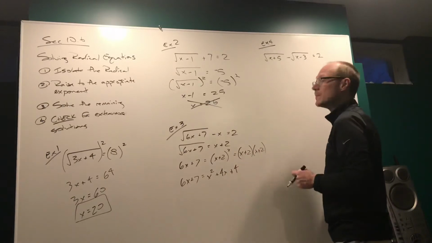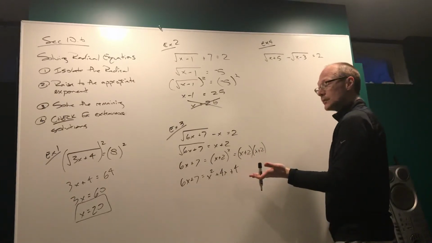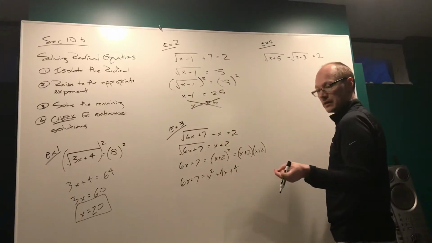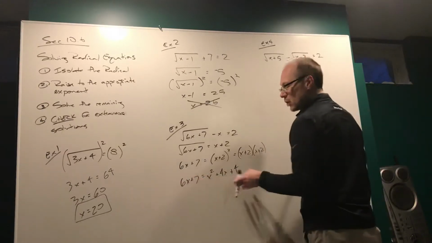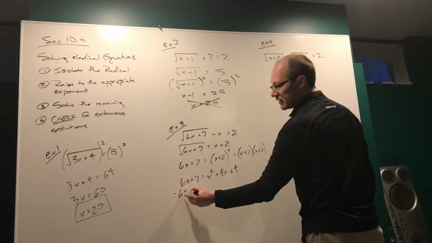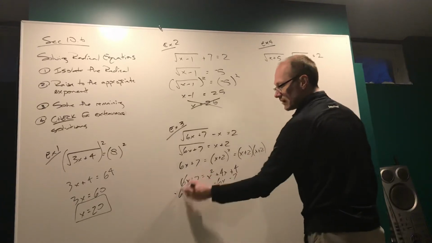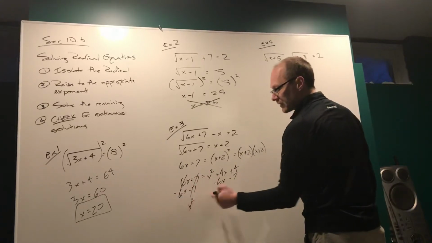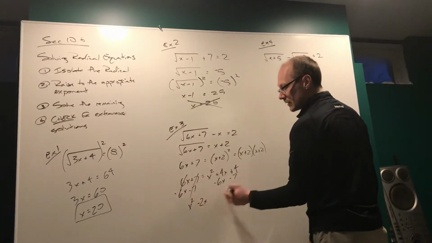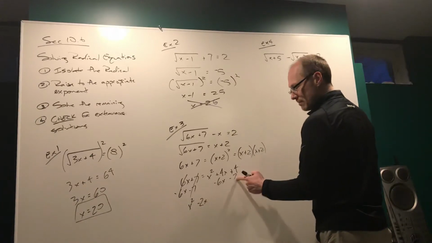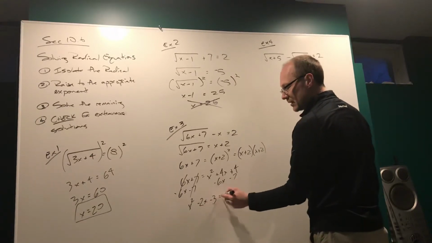Now I'm going to solve what remains. This is a quadratic. You may remember quadratic from College Algebra 1. I'm going to collect all the terms to one side, setting it equal to 0 by subtracting 6x and 7. That leaves me with x squared minus 2x plus 4 minus 7, that's minus 3 equals 0.